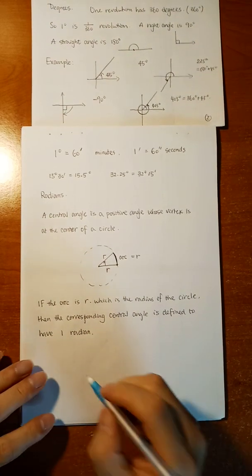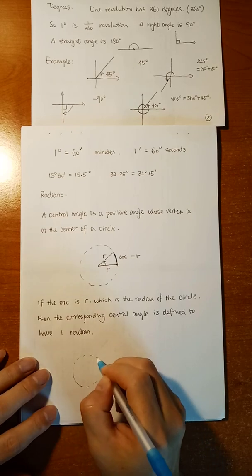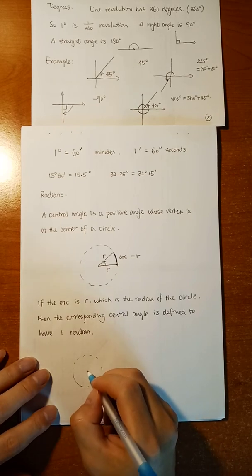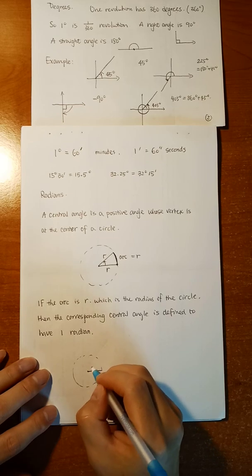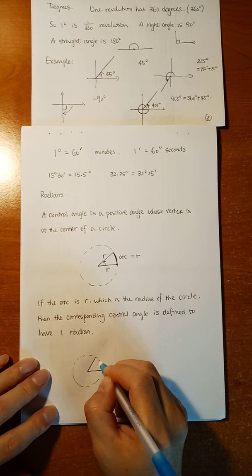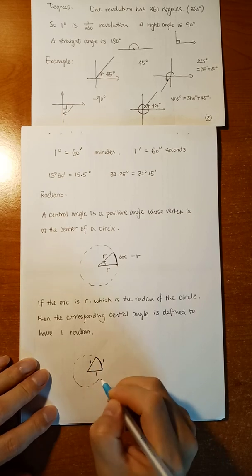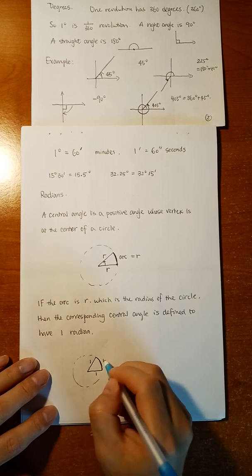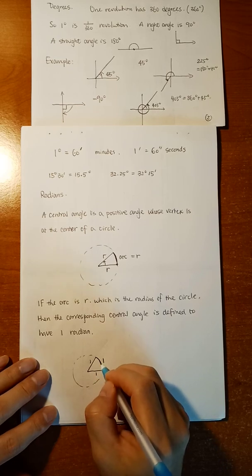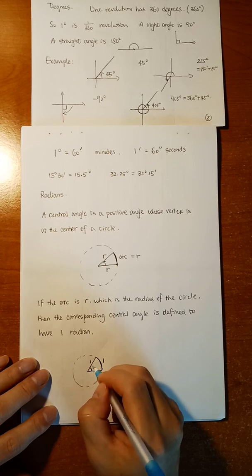So what does this mean? For example, if you have radius 1, then when you swing it, you measure the arc. When the arc is 1, the corresponding angle is 1 radian.